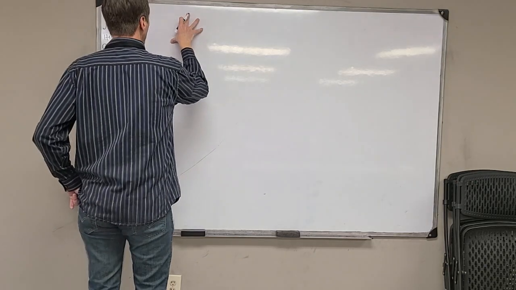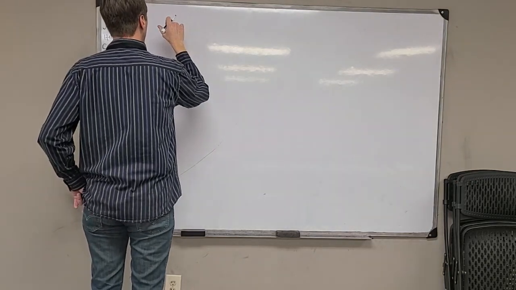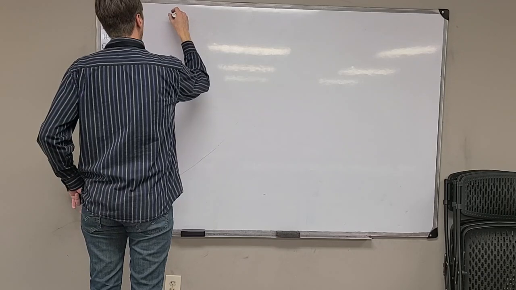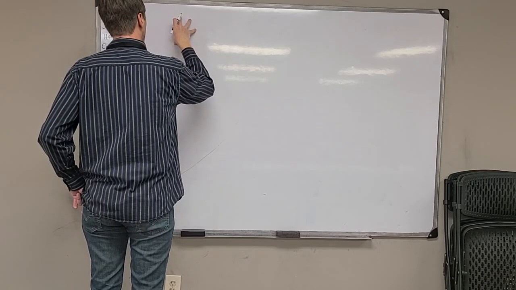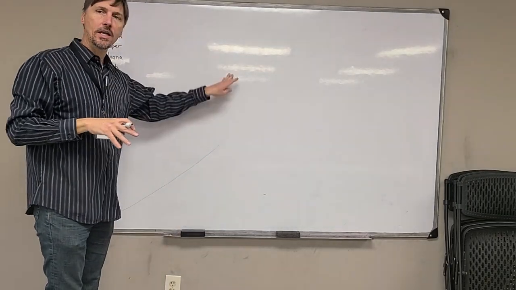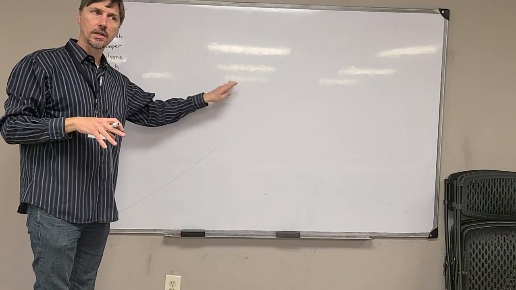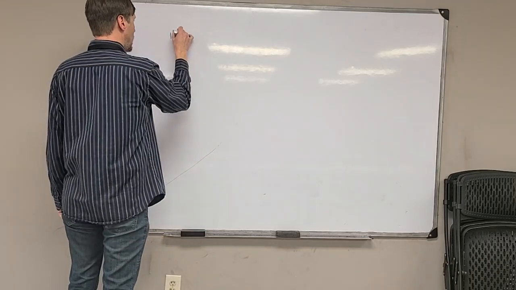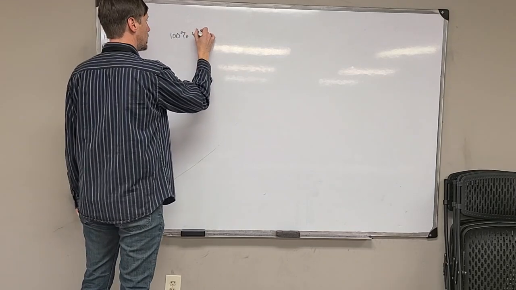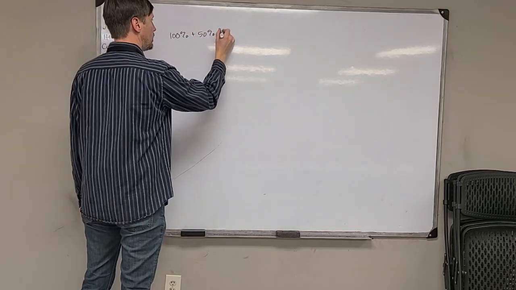The question that we would ask with something like that is, it's not 50%, it's that they paid some initial amount and then they added 50% to that. You guys see that? So there was 100% that they paid for the product, but then they marked it up another 50%.